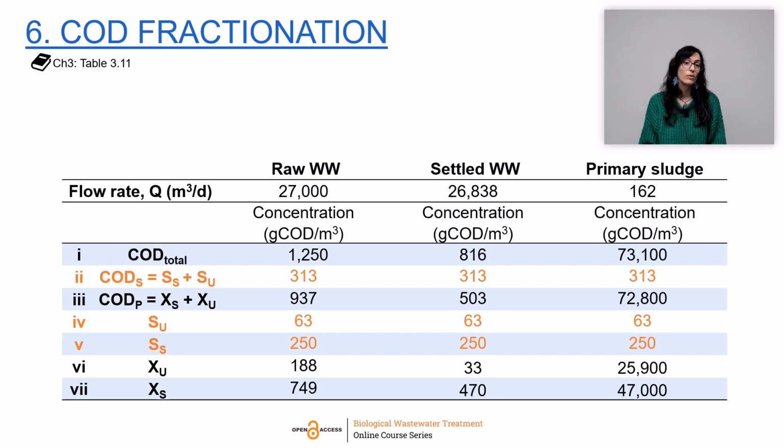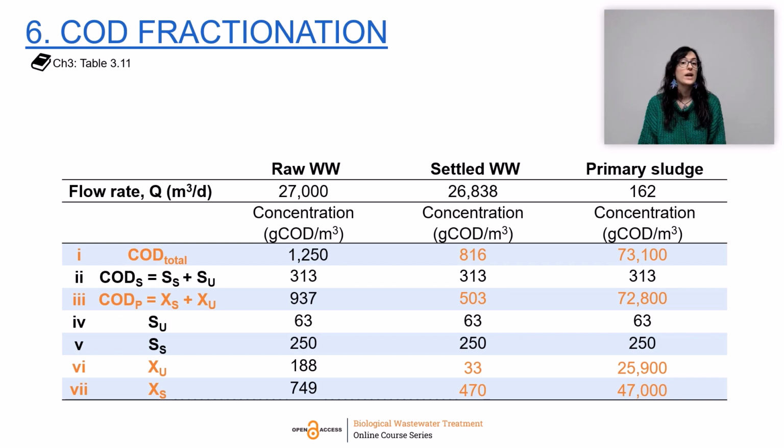We can observe on the one hand that all the soluble compounds have the same concentrations in all the streams. And this is because they do not undergo any transformations in the settler. Also, we can observe lower concentrations of the particulate fractions in the settled wastewater compared to the raw wastewater, as a result of the separation of the solids in the settling tank.